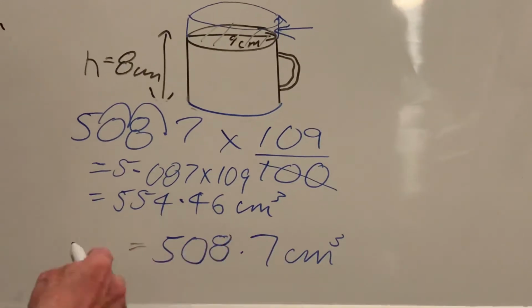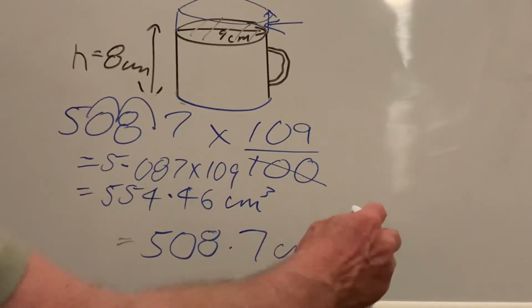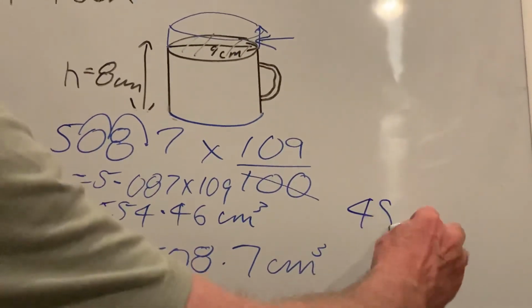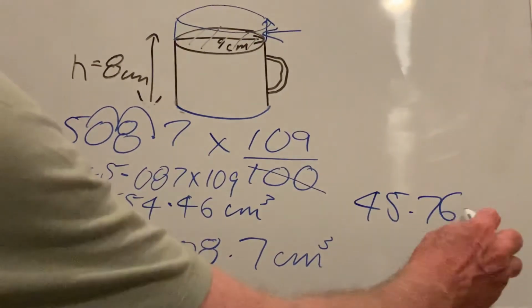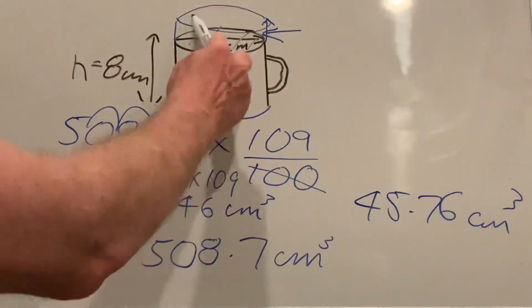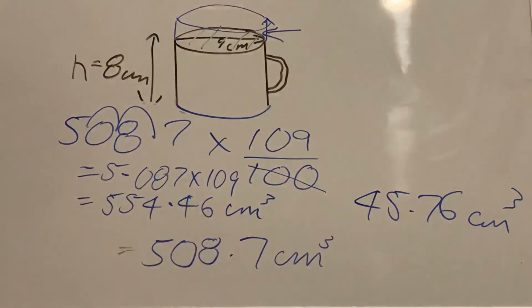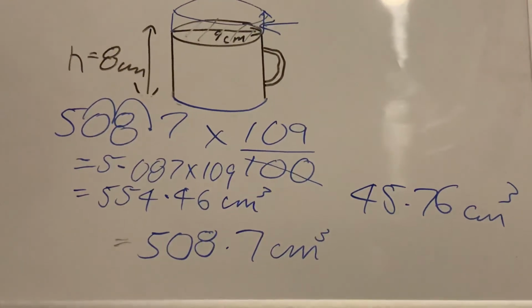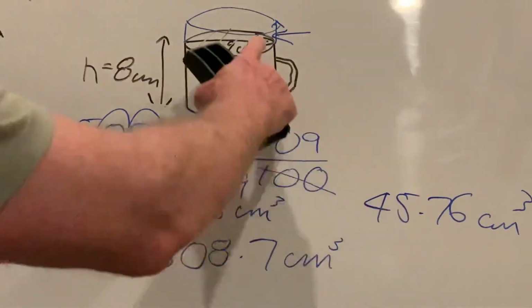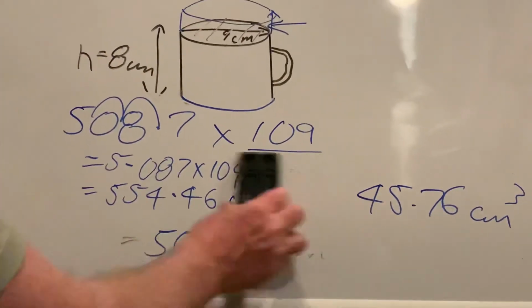You'll just have to take my word for it. It's expanded by, let's have a look, 45.76 centimetres cubed. So that's how much volume is above the top of the cup. So what we're trying to say is 45.76 cubic centimetres is above the lip of the cup.